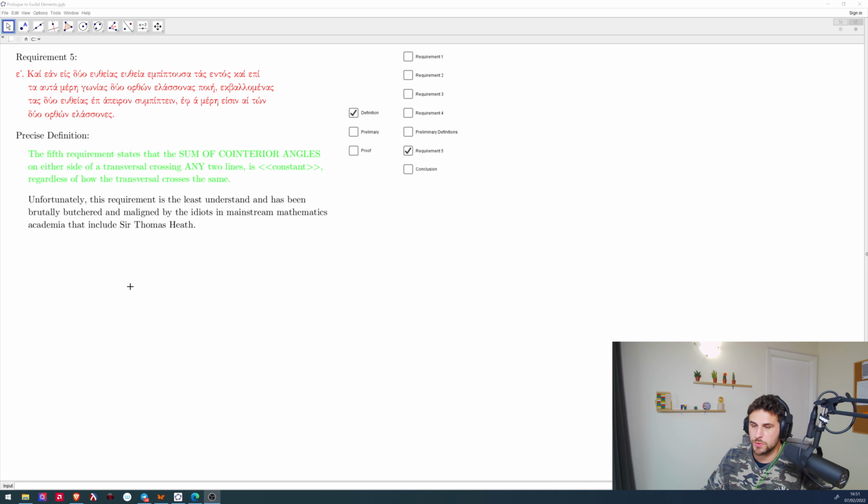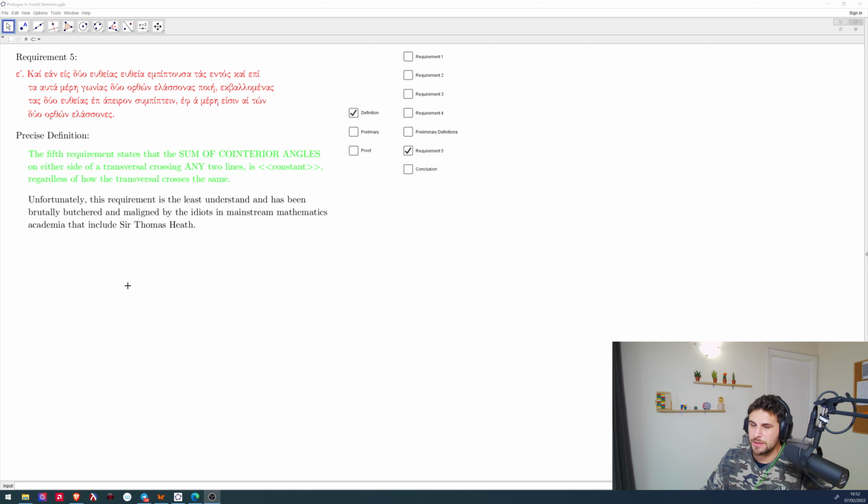So first we'll give the precise definition. The fifth requirement states that the sum of co-interior angles on either side of a transversal crossing any two lines is constant regardless of how the transversal crosses the same.